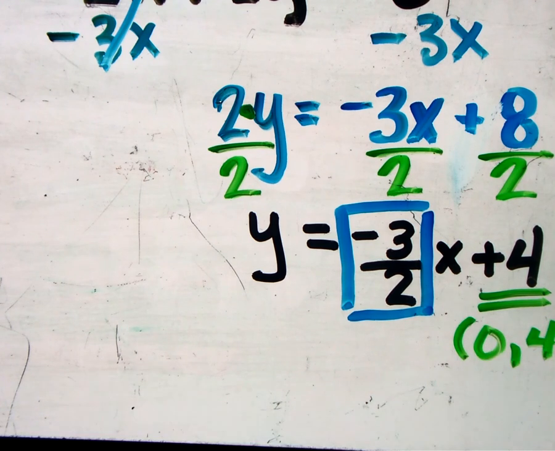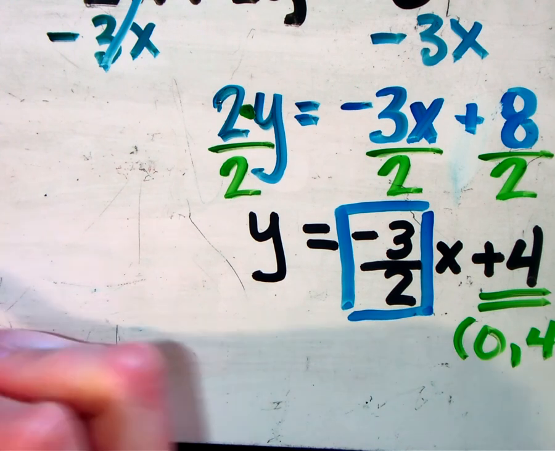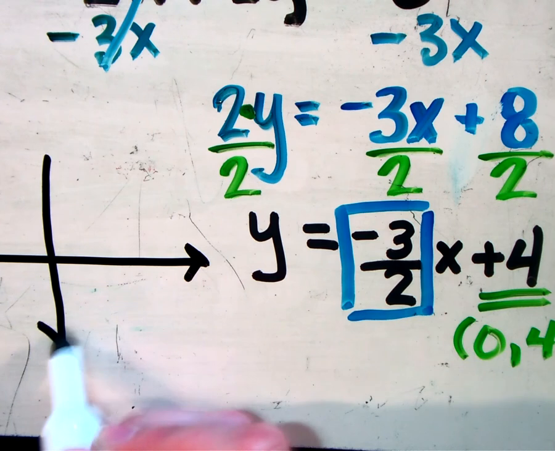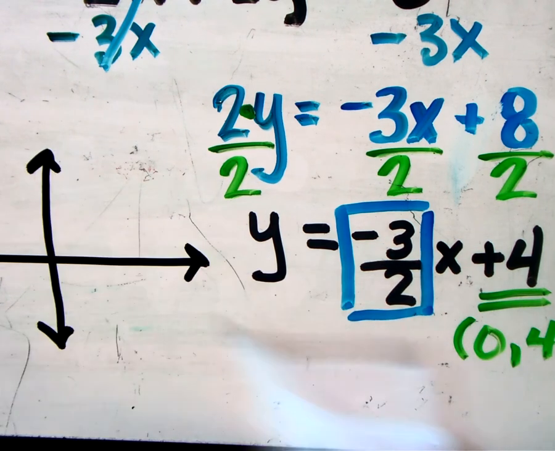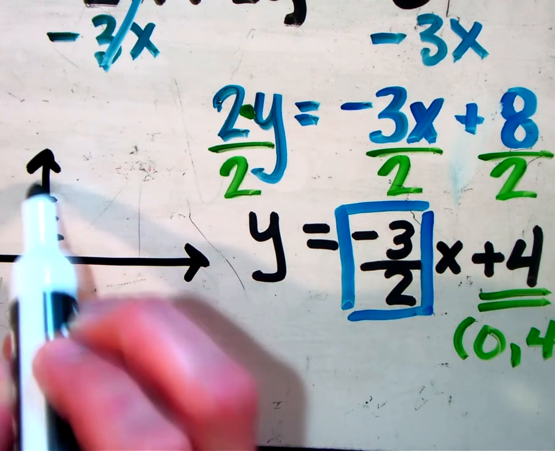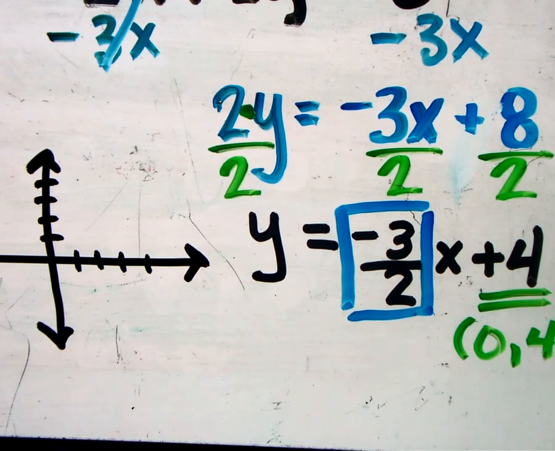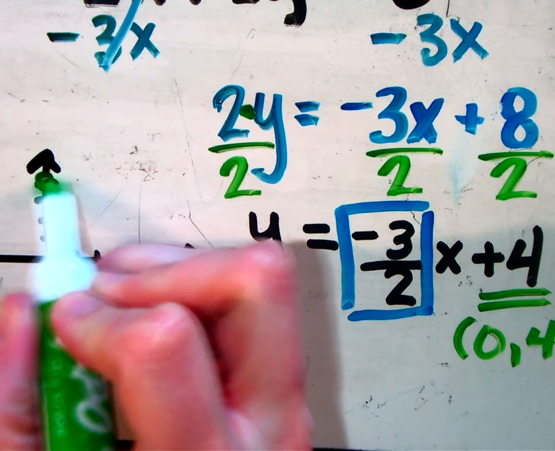So if you were to graph that, you would start at the point 0, 4. Sketch a quick little graph over here on the side. Okay, so go up 4, 1, 2, 3, 4. I'll put some tick marks this way, 1, 2, 3, 4. Okay, so I'm going to go up 0, 4, put a dot there.